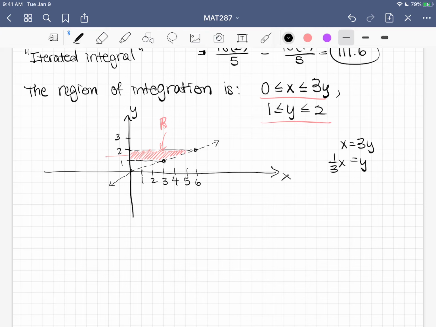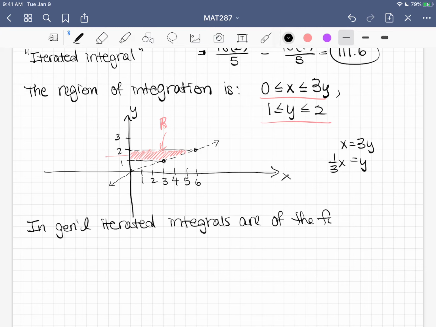Okay, so in general, iterated integrals are of the form integral from a to b of the integral from g1 of x to g2 of x of some function f of x, y.